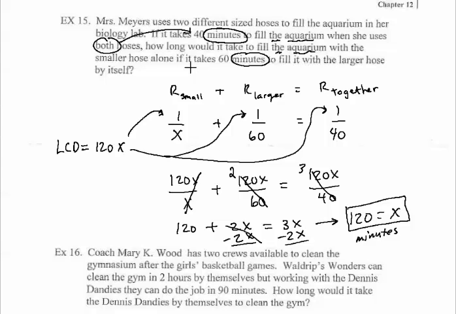This represents the time for the smaller hose to fill the aquarium, because the x was originally on the bottom of the rate for the smaller hose, and x is our time.